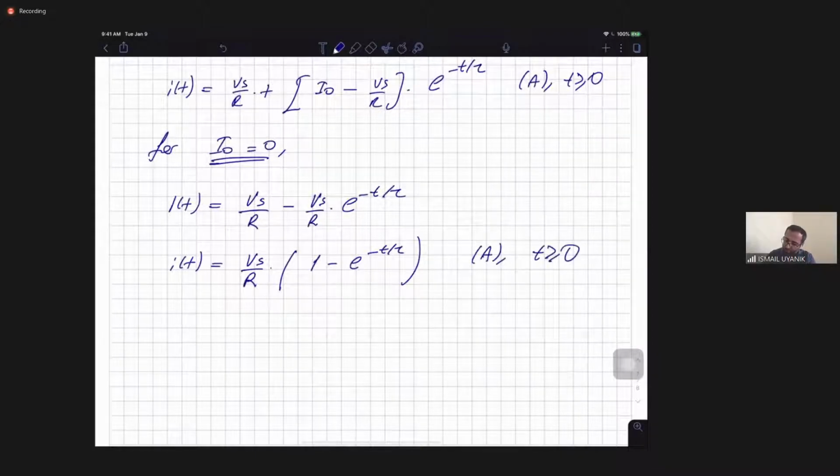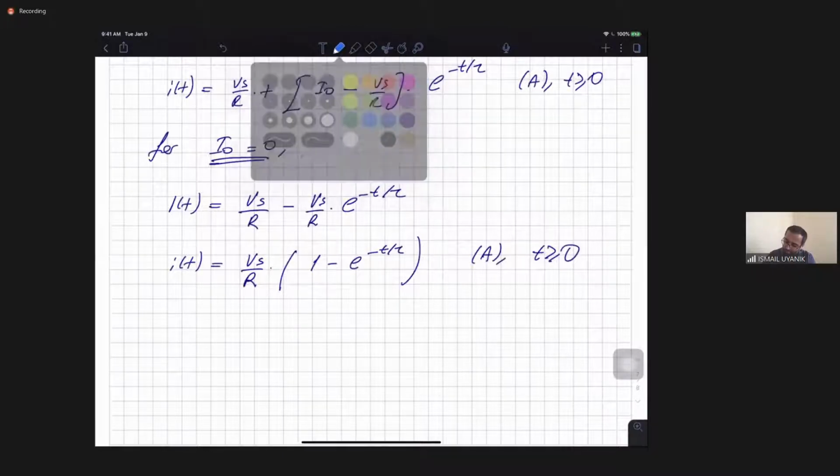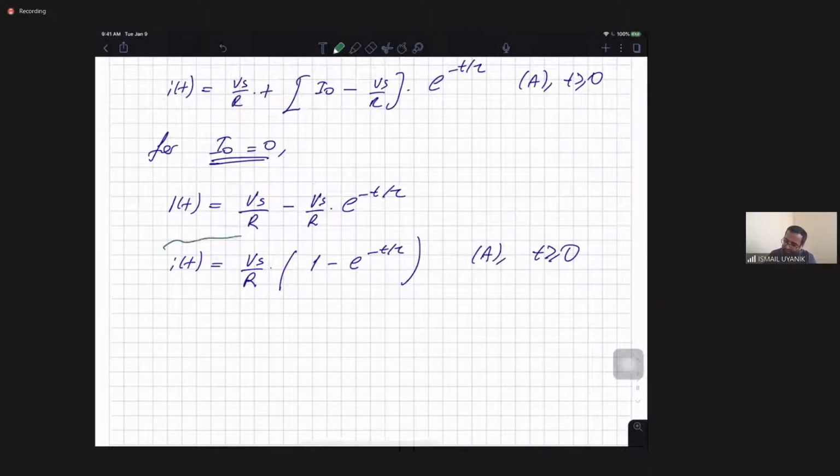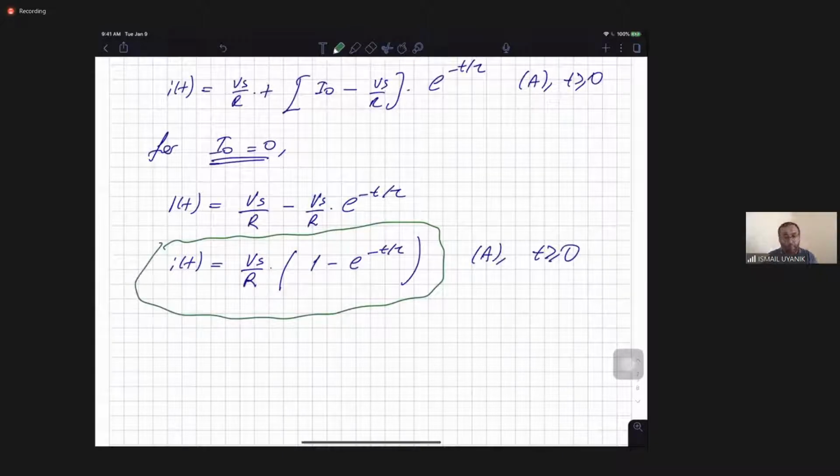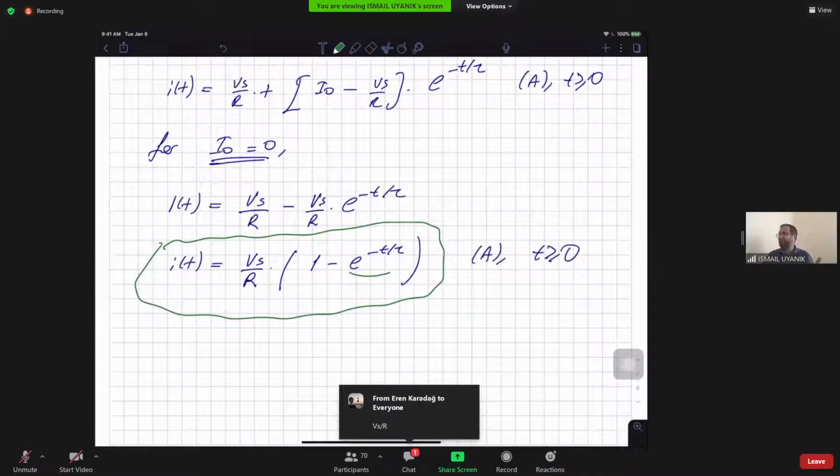This equation you see here now is extremely important. This is really quite important. It tells us a lot of things intuitively, so let's try to see what is going on here. At t equal to 0, e to the minus t over tau is 1, so this thing becomes 0.